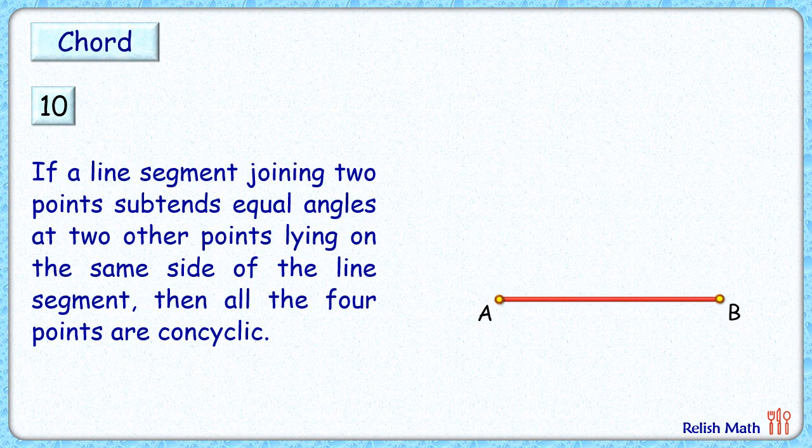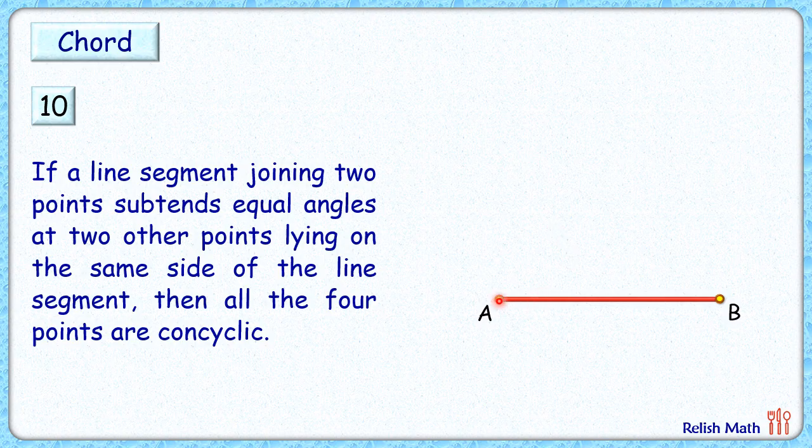Okay, this theorem is the converse of the previous theorem. It says that if a line segment is subtending equal angles at two or more points on the same side of the segment, then all those points will be concyclic.